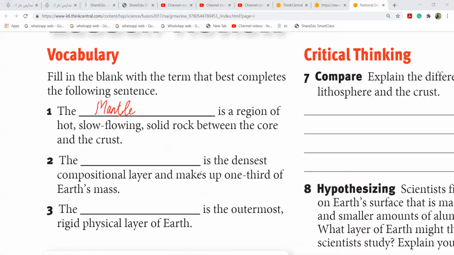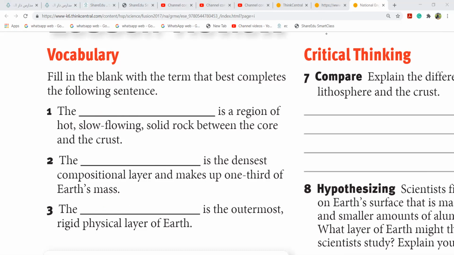All right. Now, what is the densest compositional layer, which makes up one third of the mass? Check the book and tell me the answer. The mesosphere. Are you sure? Let us check.